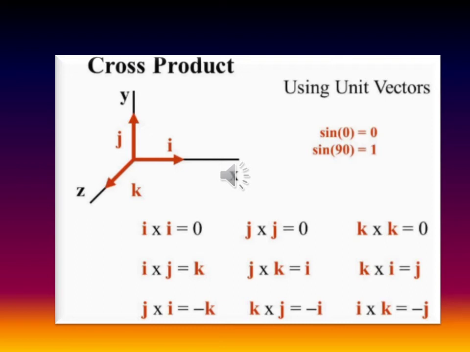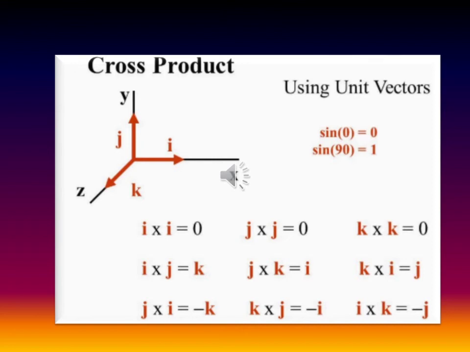And if we move into the second line, i cross j is equal to k. We know that i is the unit vector along the x-axis, j is the unit vector along the y-axis, and k is the unit vector along the z-axis. What is i cross j? i cross j is equal to i into j into sin 90.